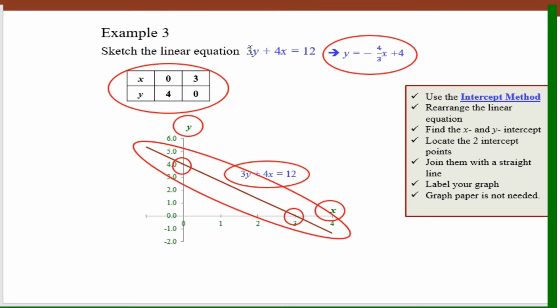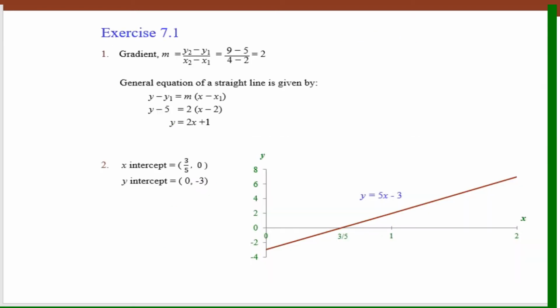When y is 0, 4x equals to 12, x will be 3. Easier to find your x and y intercepts. Plot the points, draw it. You don't need to have all the scale because this is just sketching. So just draw the line. It has a scale here because I'm using Excel. You don't need to have a scale, just plot it and label your graph, label your axes, and you're pretty much done.